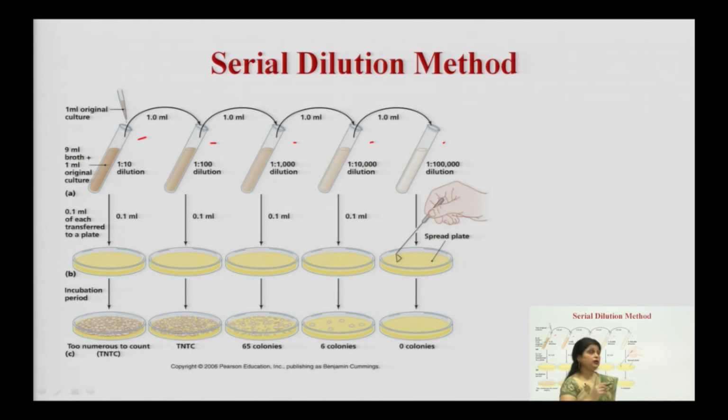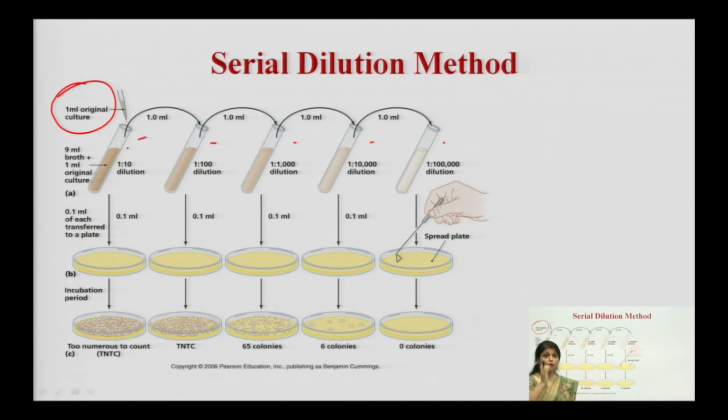First of all, the media must be sterile. All test tubes will contain 9 ml of nutrient media, which must be liquid in nature. After that, you will add 1 ml of the original mixed culture, which contains a number of microorganisms, into the first test tube.